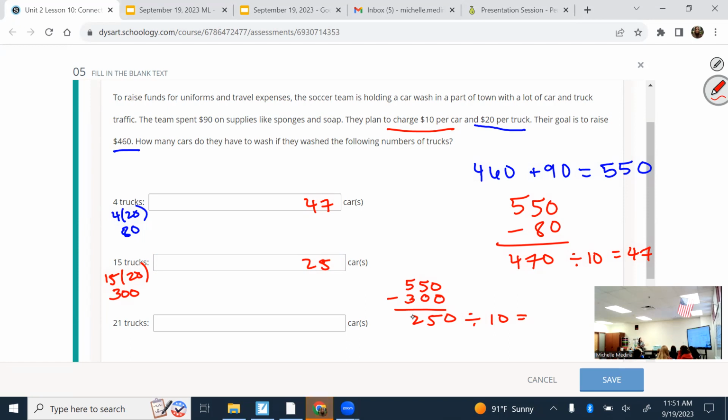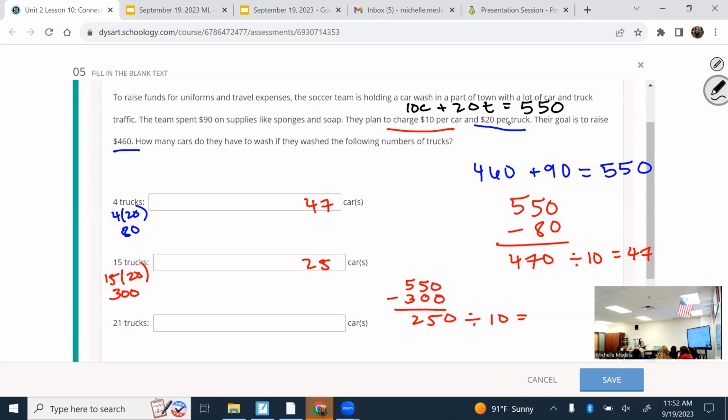I've seen people do it like that, but really the math that you're doing would be the same if you made an equation. For example, they did $10 per car, so I would do 10C plus $20 per truck, that's 20T. They want to raise 460, but then they had that $90 they spent, so really they want to have $550 after that.